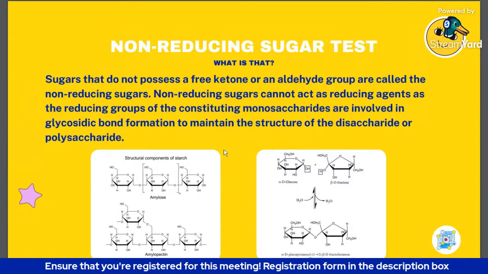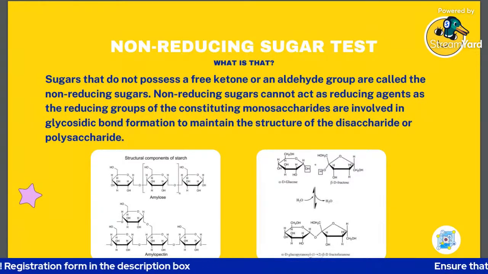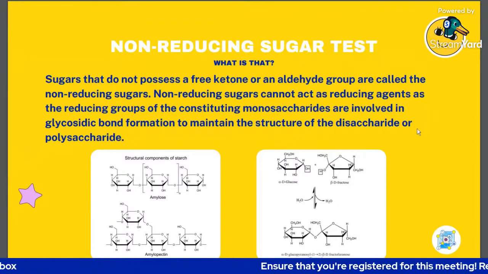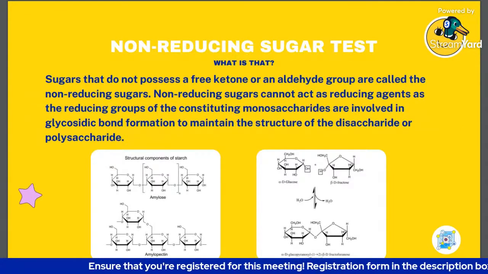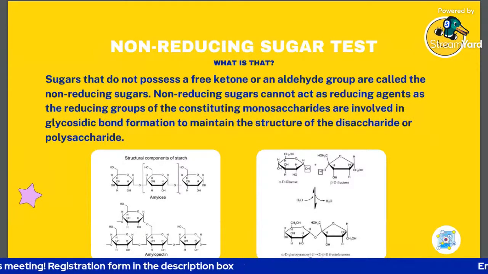So they are not free in solution to act as reducing agents. And if you look at the structures shown, you can see that once the glycosidic bonds are formed, there is no free aldehyde group present to act as a reducing agent.